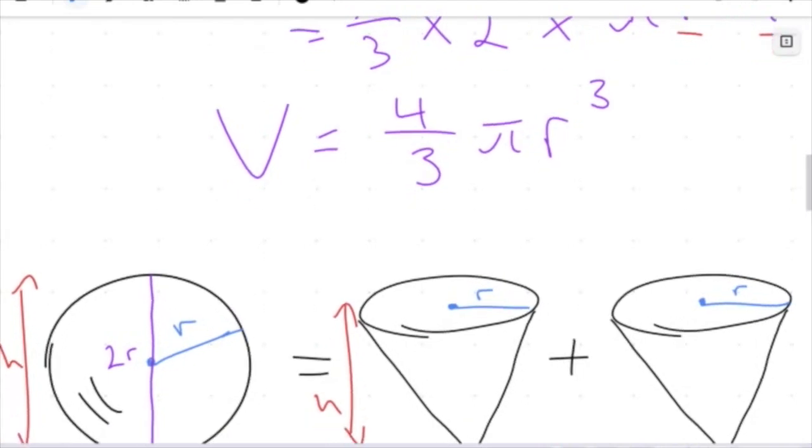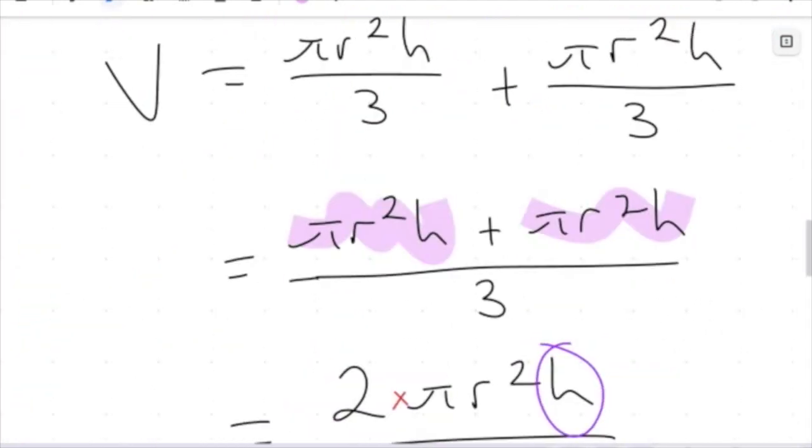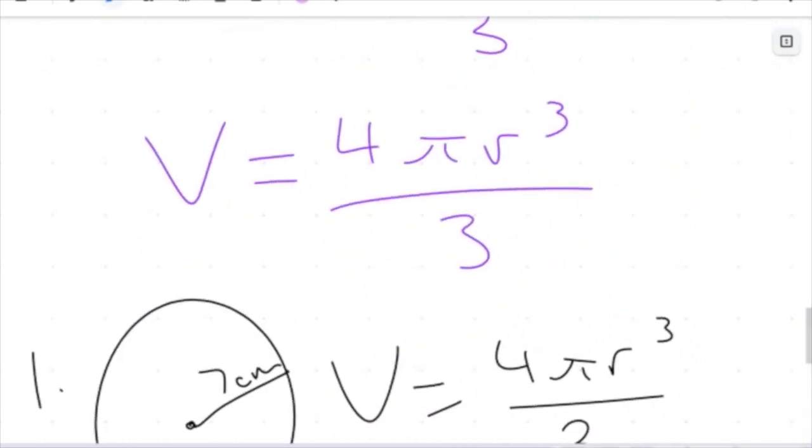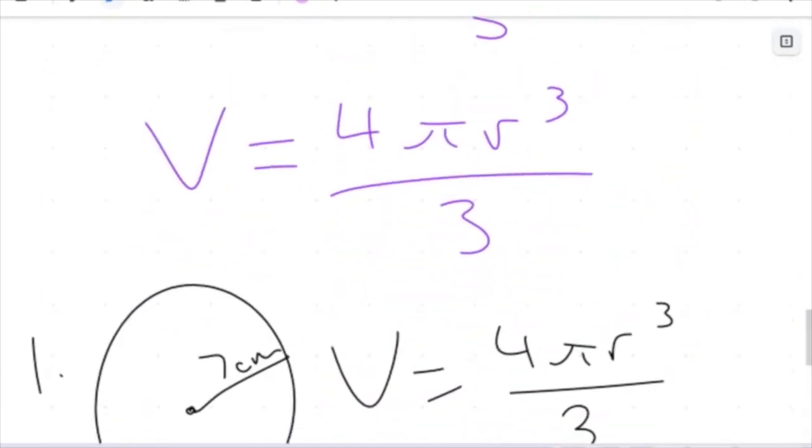And now, it's important to note that having it as 4 over 3 times pi r cubed, that's the same as just having 4 pi r cubed over 3. It means the same thing.